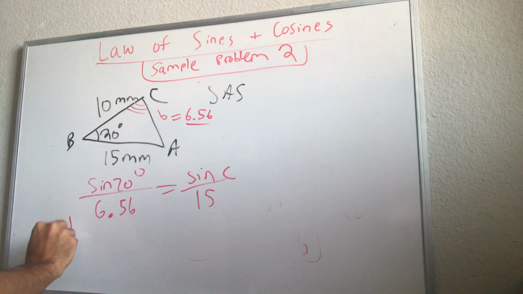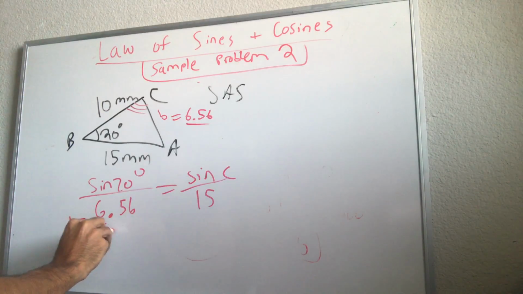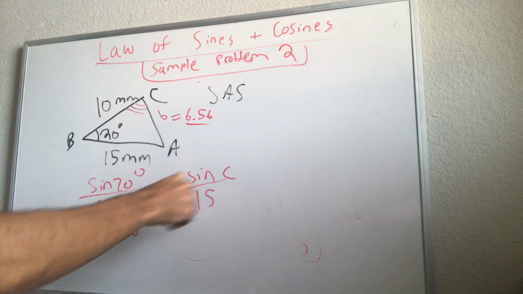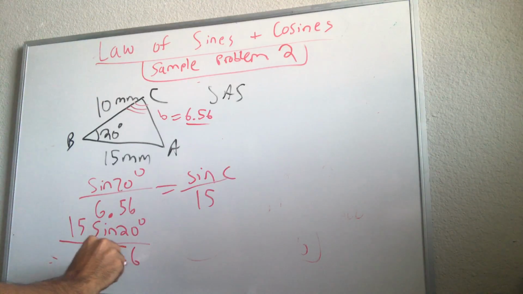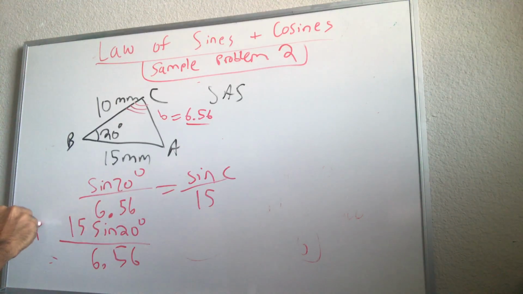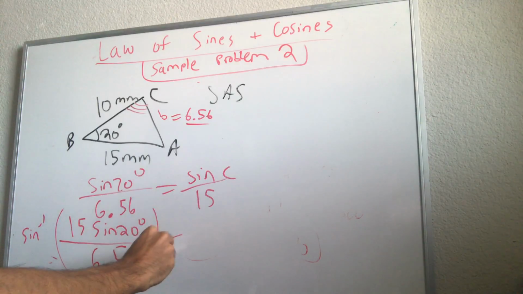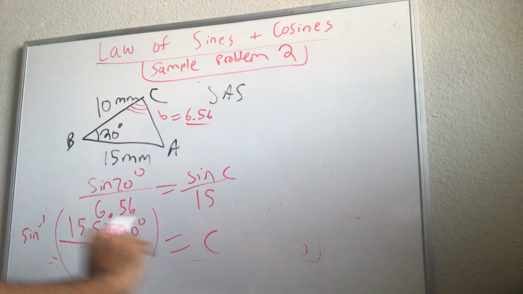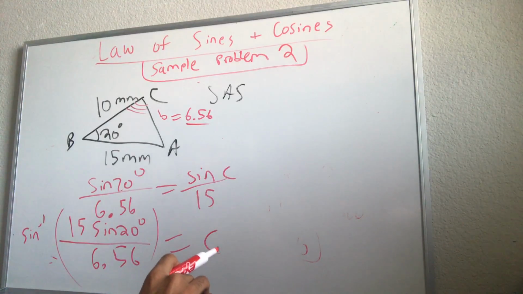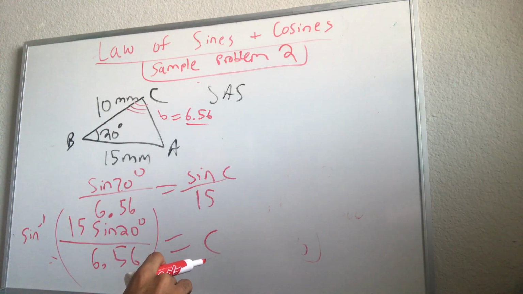So now we cross multiply: 15 times sine of 20 degrees, divided by 6.56. And if we do the inverse sine of that, it should give us C, right? If you put this in your calculator, you will see that C, it must be an obtuse angle, obviously.